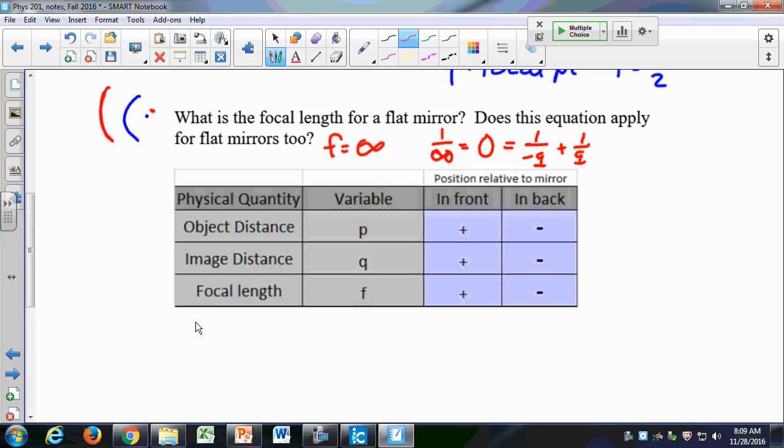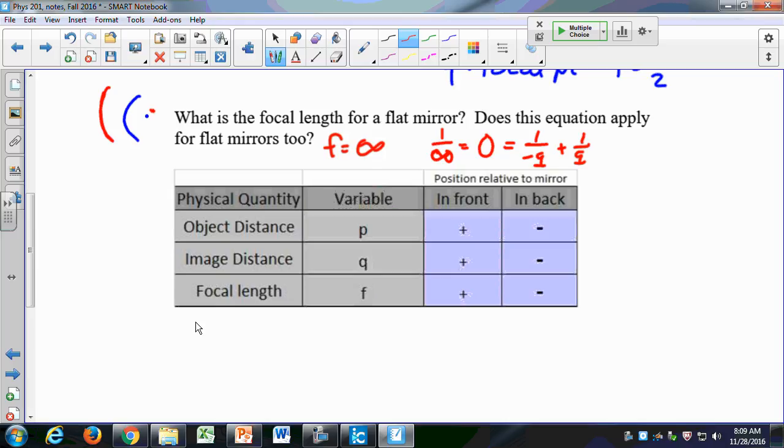So here I have this mirror, light rays are traveling from me to the mirror, so this is the front side of the mirror. The back side of the mirror is like, you know, from Poltergeist, where those creepy people live. That's the opposite side of the mirror. And so if I'm standing on this side, my object distance is positive. But if some way I could stand on the back side of the mirror, then my object distance would be negative. That doesn't happen very often, but we'll see where it happens in one special case that we'll have to deal with. So usually the object distance is positive.